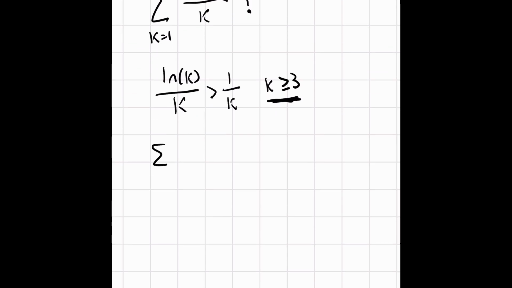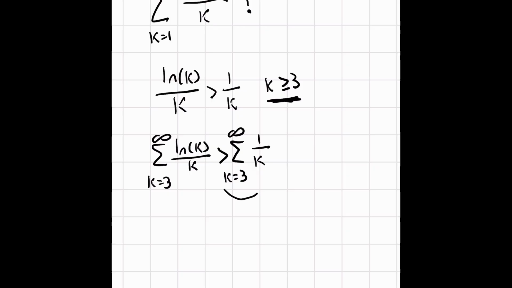So going from 3 to infinity, this is going to be a larger sum than just 1 over k. But again, we don't care about the front finite terms. This is still going to diverge.